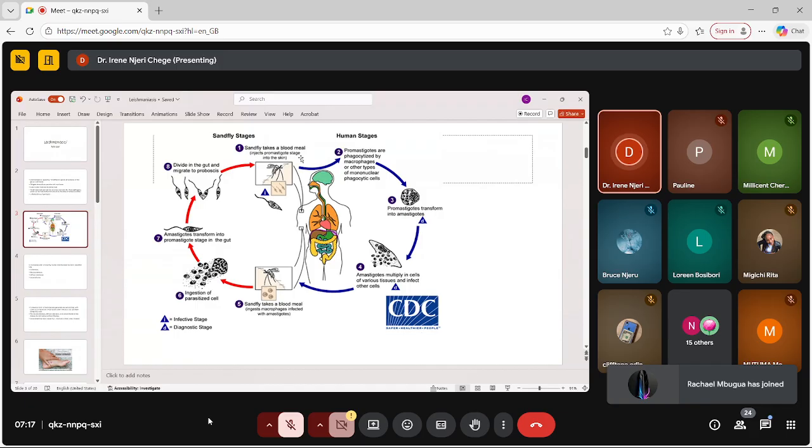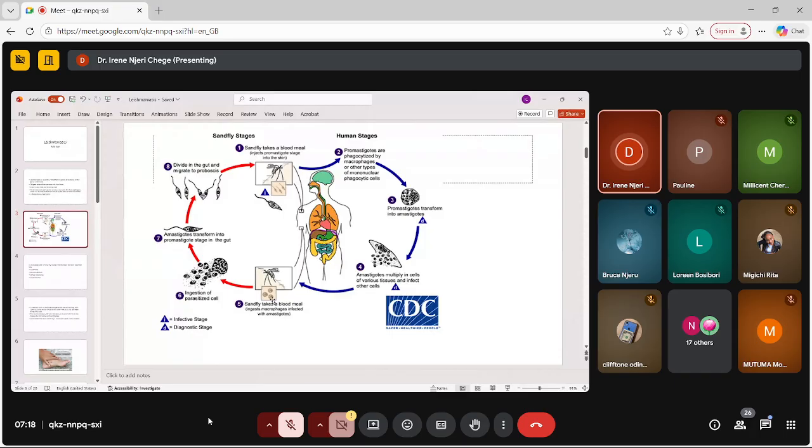So promastigotes are actually phagocytosed by the macrophages or other cells in the human body, and then they transform into amastigotes. Then the amastigotes can divide in various tissues in the body, and then when they mature, again another sandfly can come and take another blood meal.